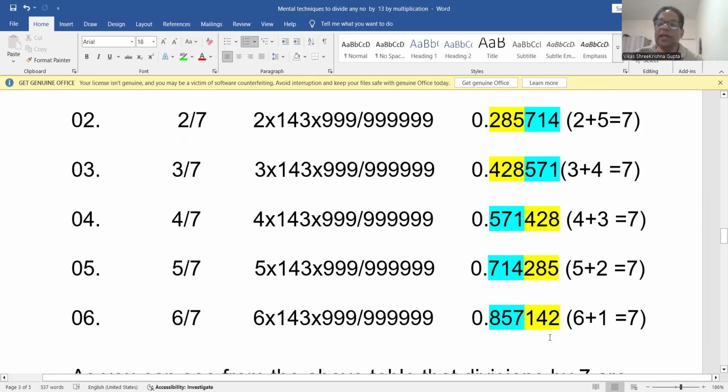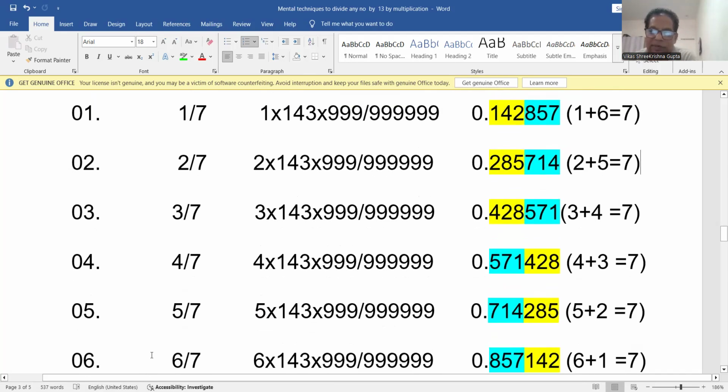So just like in 13, we are reversing the numbers whose total is 13. 6 plus 7 is 13. In the same way, 2 plus 11 is 13, and 4 plus 9 is 13. So if you get the answer of 4 by 13, you can easily find 9 by 13 by reversing the numbers of 4 by 13. In the same way here, for finding the answer of 6 by 7, just reverse the numbers of 1 by 7, because 1 plus 6 is 7.